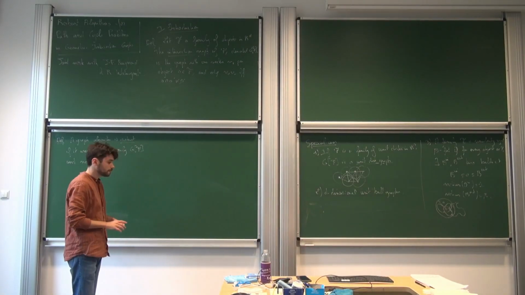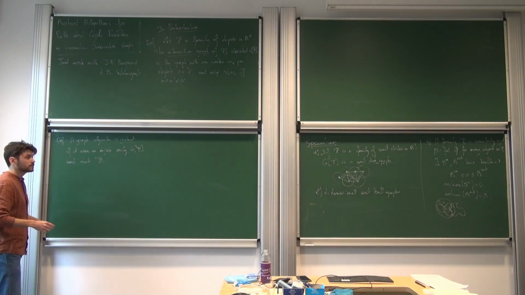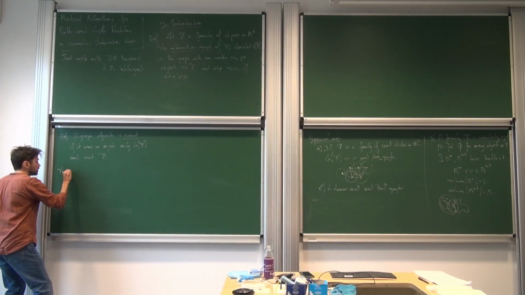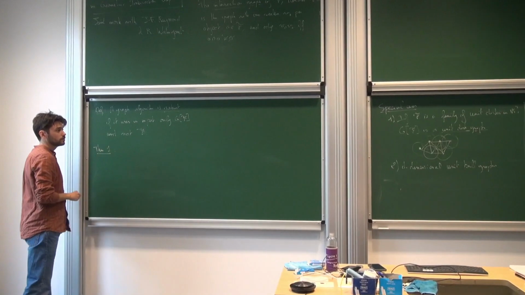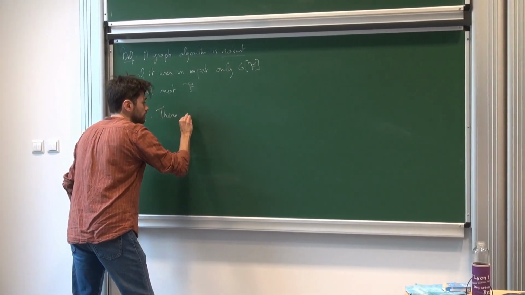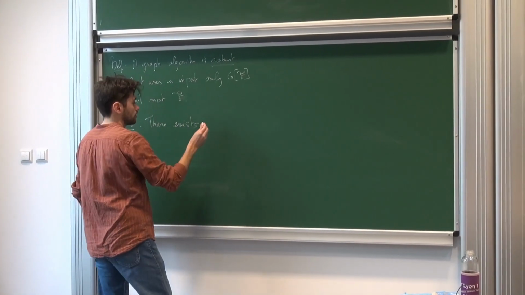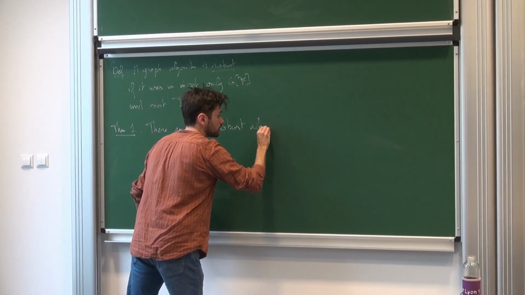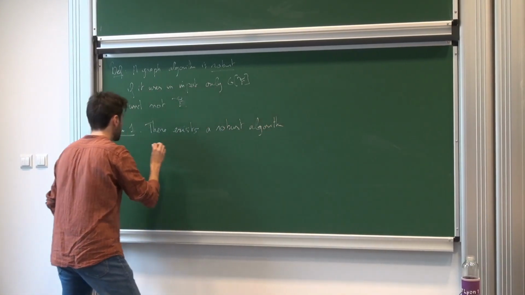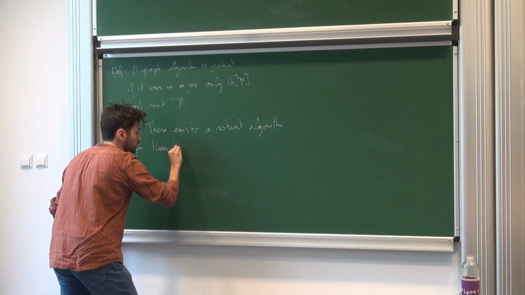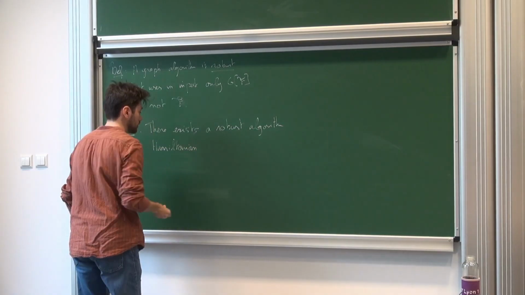Okay. And so now I can already state my main results, and we will go into some other details. The one I will go into detail is that we will prove that there exists a robust algorithm for Hamiltonian path. We do Hamiltonian cycle too, but we have everything.